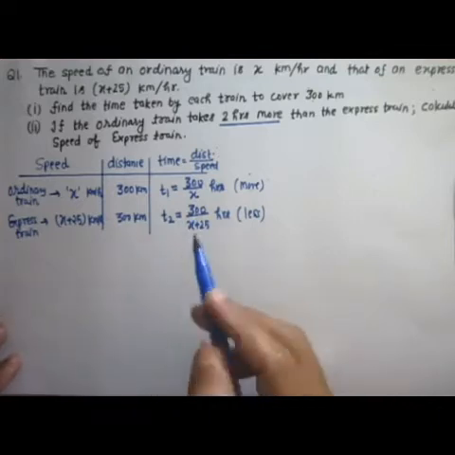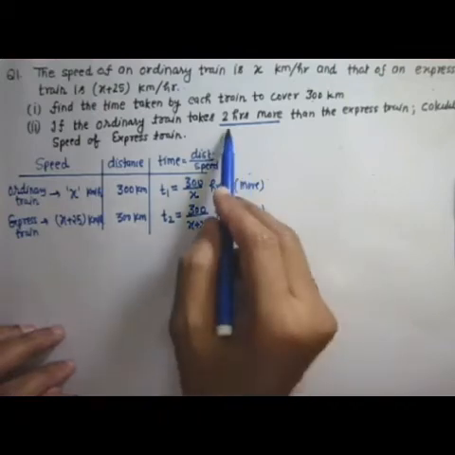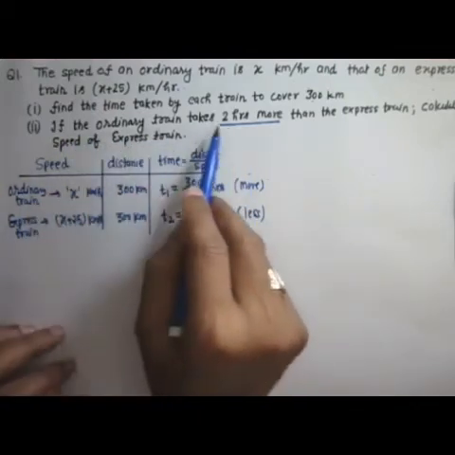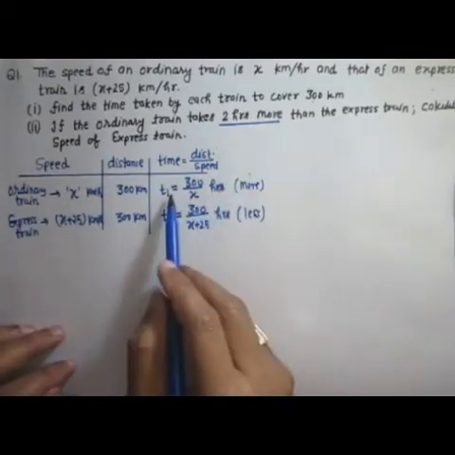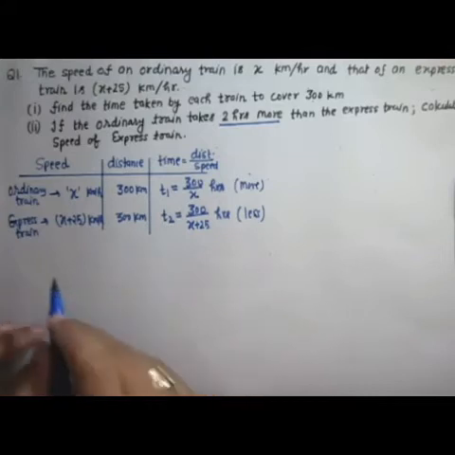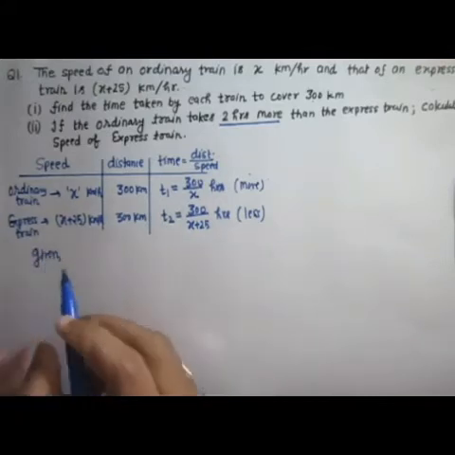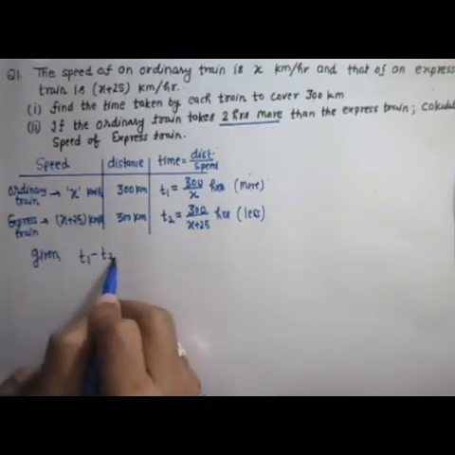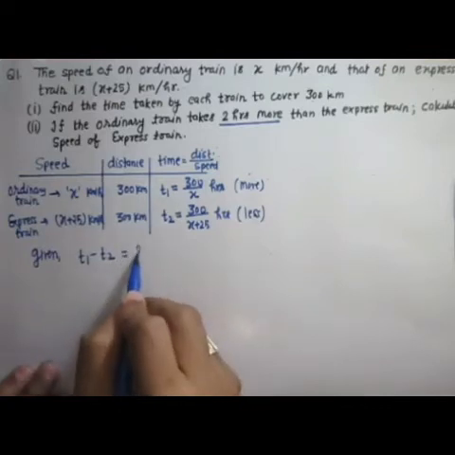Now it is given that the difference between the two times is 2 hours. So it is clear from the question that the time taken by the ordinary train will be more than the time taken by the express train. So given in the question, T1 minus T2, the bigger time minus the smaller time, is equal to how much? 2 hours.